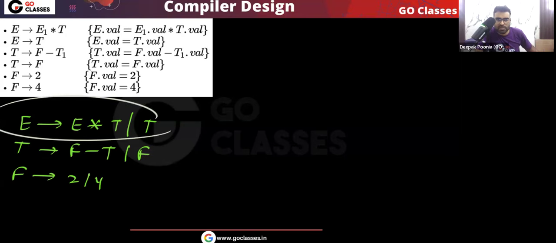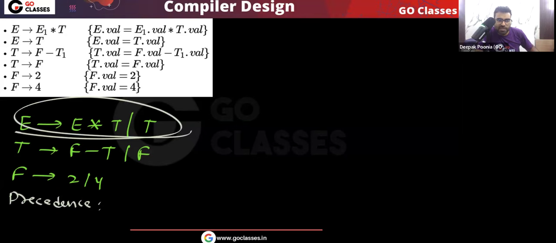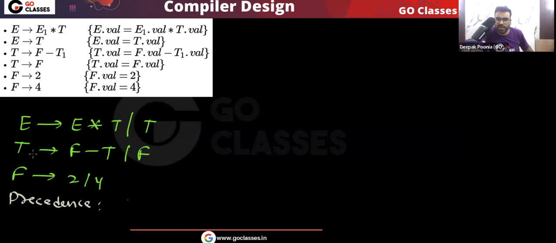This multiplication is at the higher level, so it has lower precedence. Subtraction is at the lower level, so it has higher precedence. So subtraction has more precedence than star.